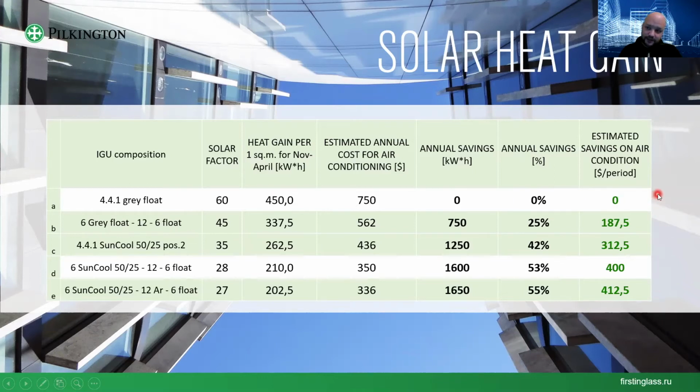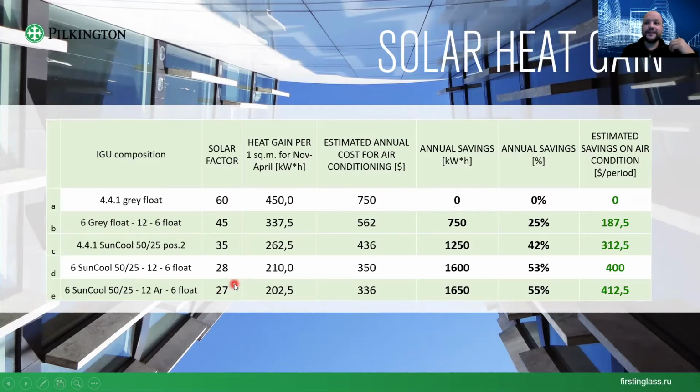And with these numbers in hand, it's also quite a good way of convincing a customer to go for more energy efficient solutions. Mind you, you can also present the light transmission of all of these units. So the light transmission of gray float would be only a tiny bit, like 7% higher than the SunCool one.